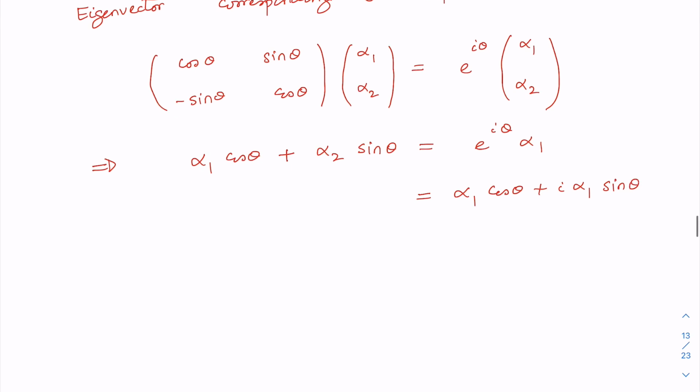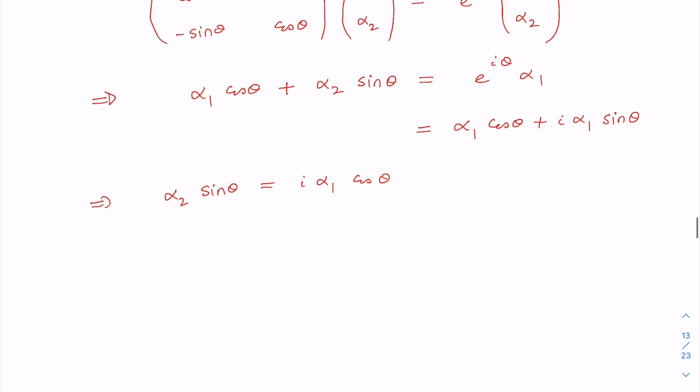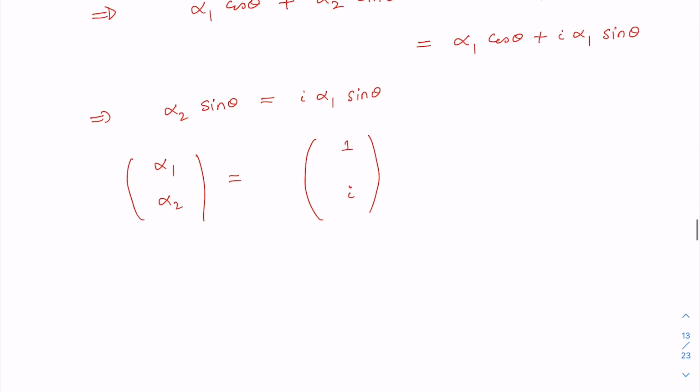So alpha 2 sine theta is equal to i alpha 1 sine theta. This means that if I take alpha 1 equal to 1, then alpha 2 has to be equal to i.